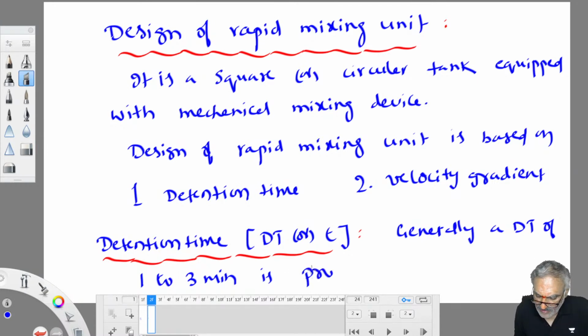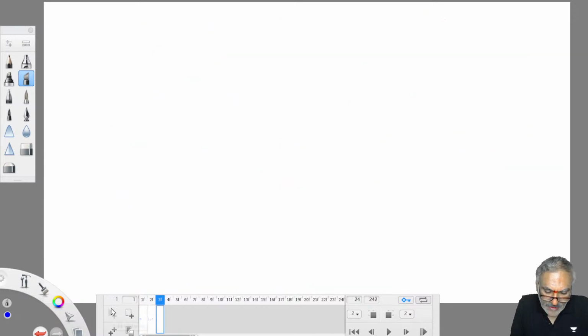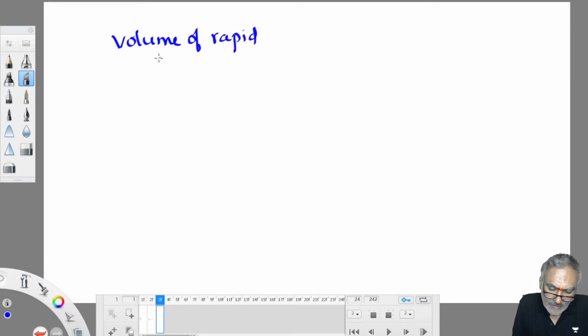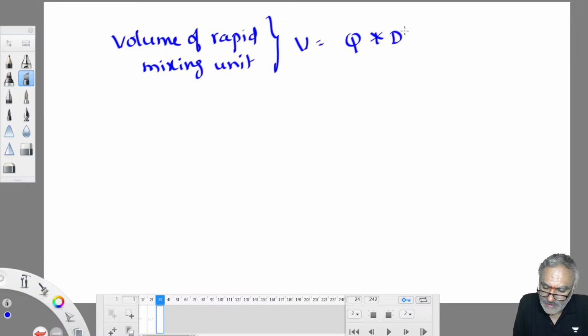Once you know the detention time, what can you find out? The volume of the rapid mixing unit is equal to Q into detention time. We mentioned that it is a square tank, so normally we assume the depth, anywhere between 1 meter to 1.5 meter.